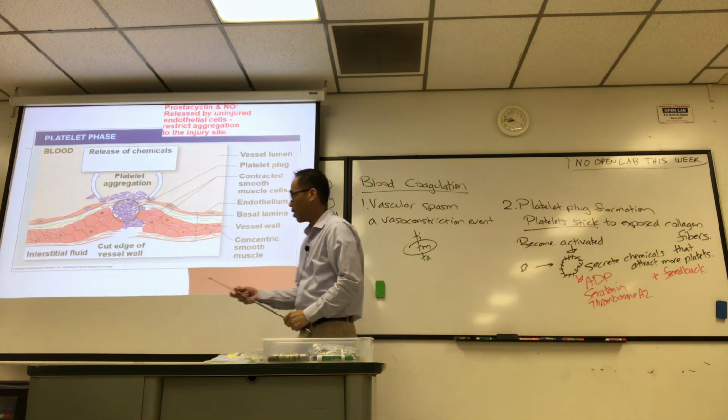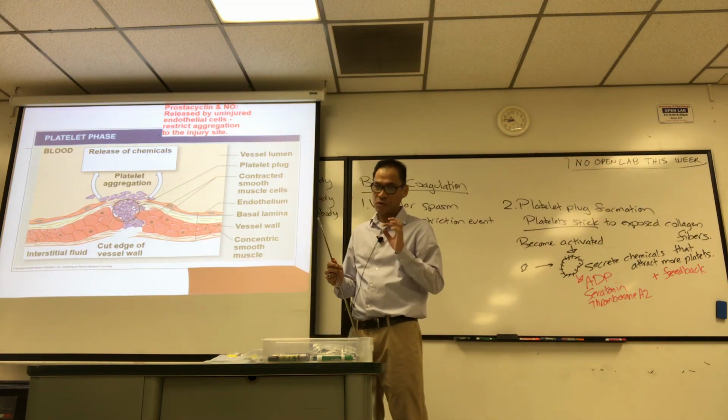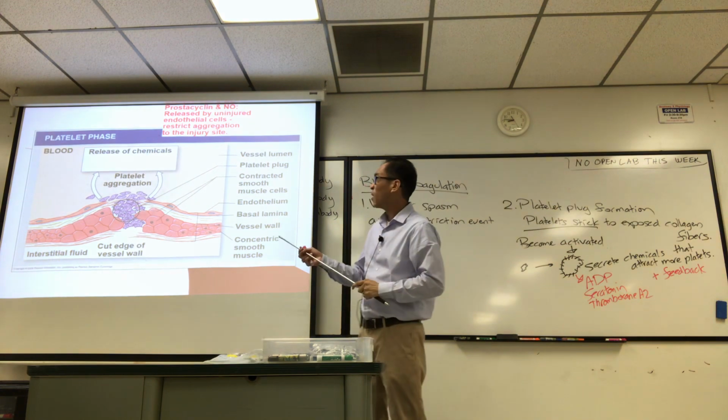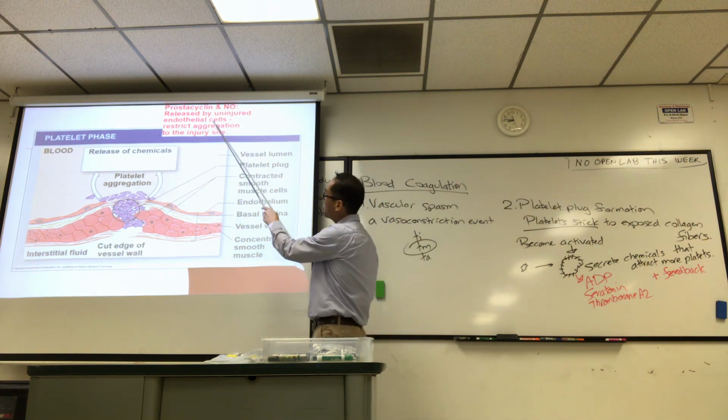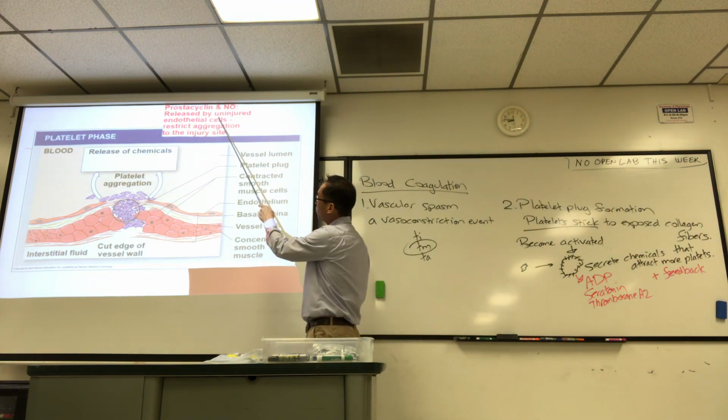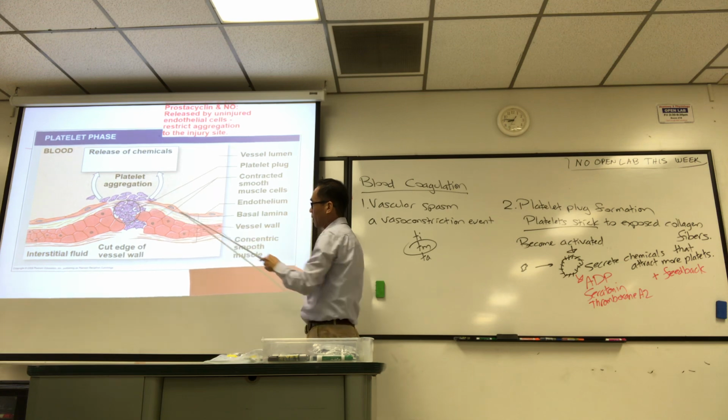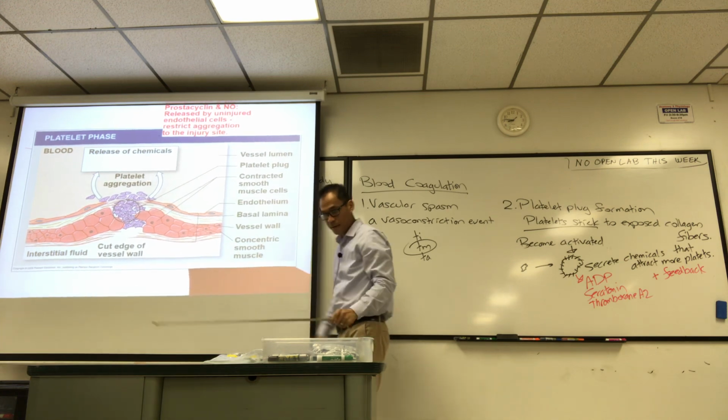The other thing I wanted you to know is that this aggregation is restricted to the site of injury. There are neighboring uninjured endothelial cells that will secrete prostacyclin and nitric oxide to restrict aggregation just to this site, nowhere else. So let's note that.